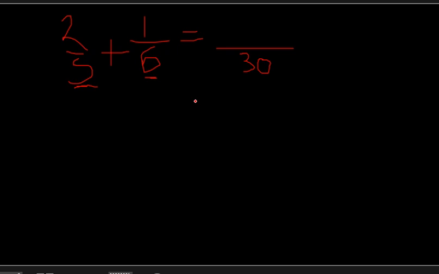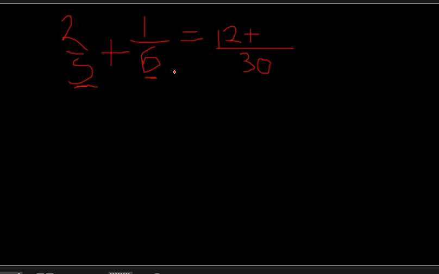6 multiplied by 2, you are talking about 12. Then you bring that addition sign and you come to the other fraction. How many times does 6 go into 30 without leaving a remainder? You find that 6 goes into 30 exactly 5 times.